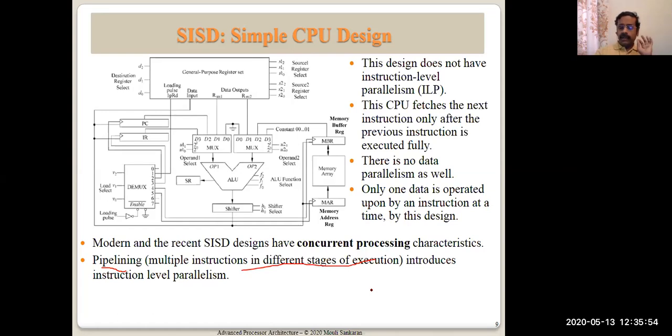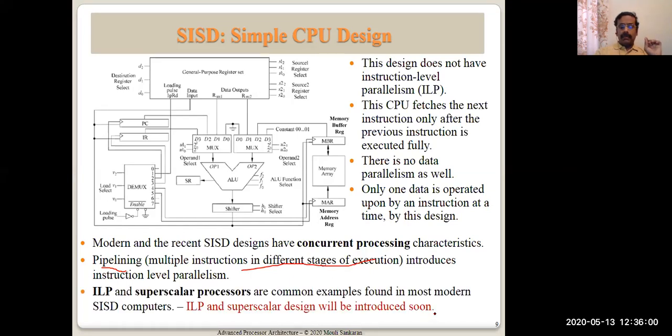I will talk about it in the next class. Even if you don't follow now, do not worry. I am not expecting you to understand it right now. There are ILP and superscalar processors, which we will talk about starting from next class.